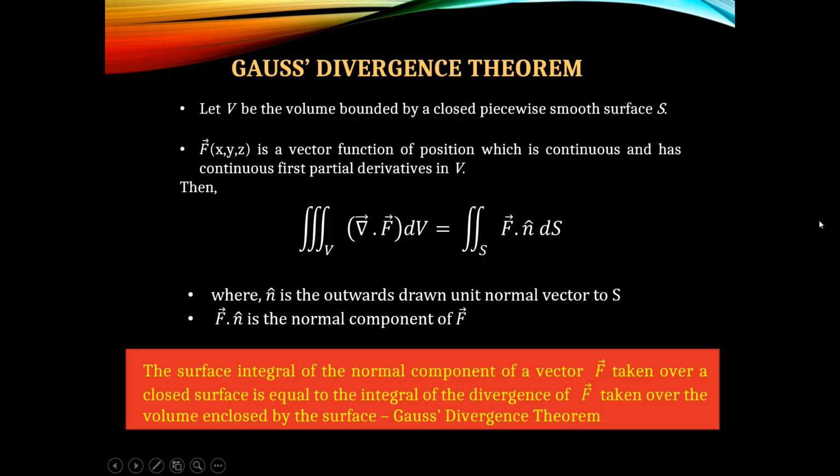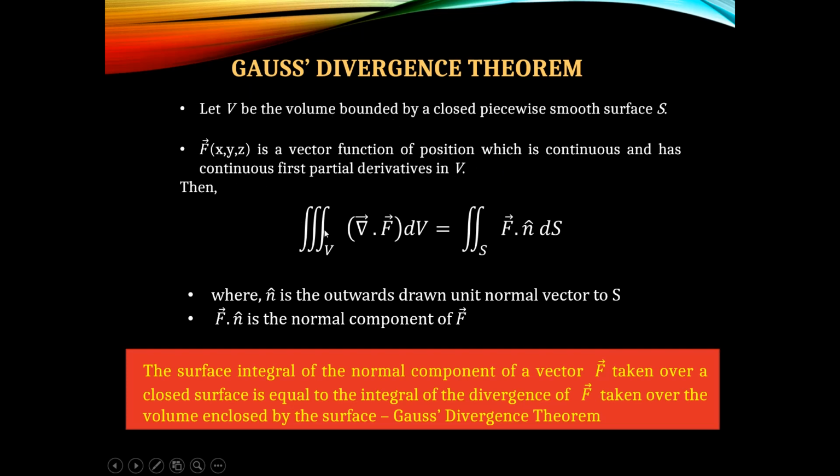Next we need to know about the Gauss divergence theorem. So we are going to consider a surface denoted by S as a smooth surface, and it is being bounded by a volume capital V. Now suppose we have a continuous vector function capital F of x, y, z, which also has partial derivatives in this particular volume.